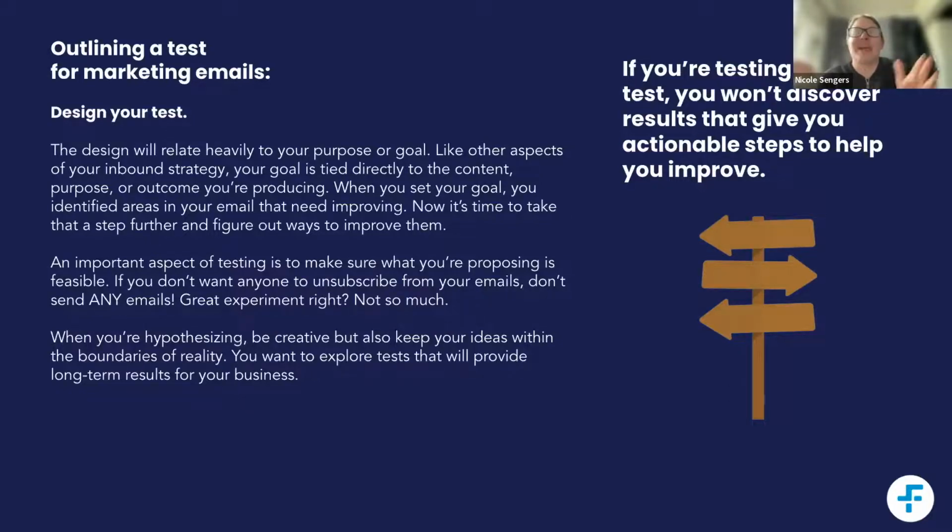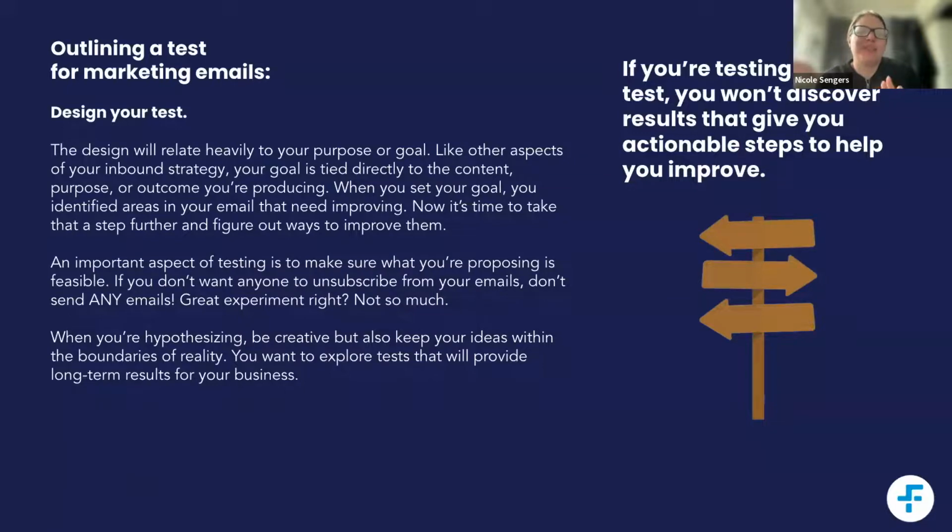The design will relate to the goal that you built in. So your goal is tied to the content, the purpose, or the outcome you're producing. When you set your goal, one of the things you should keep in mind is, what are you trying to improve?